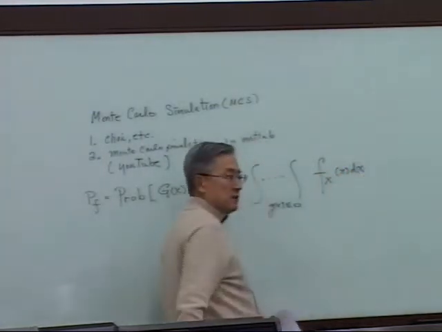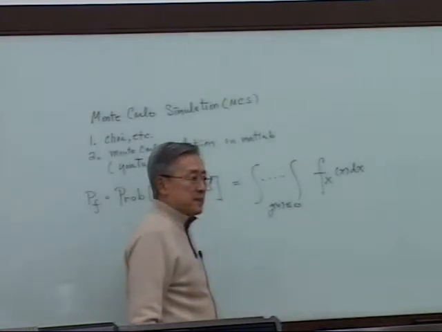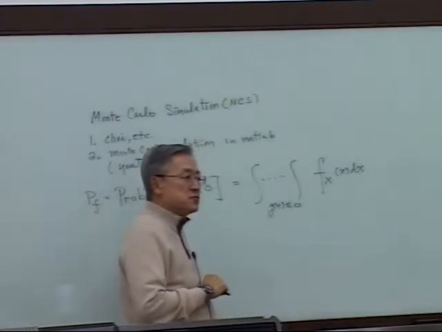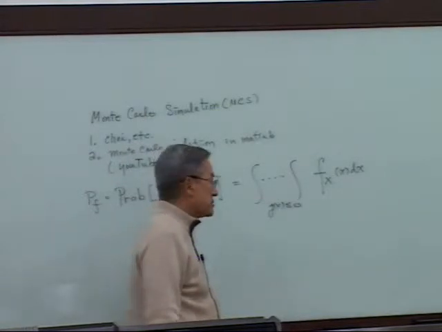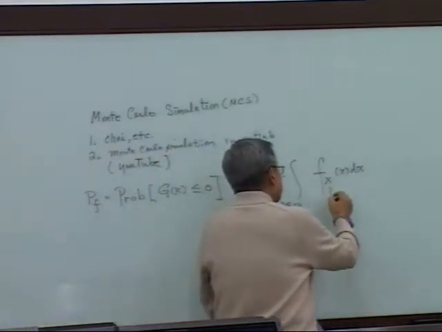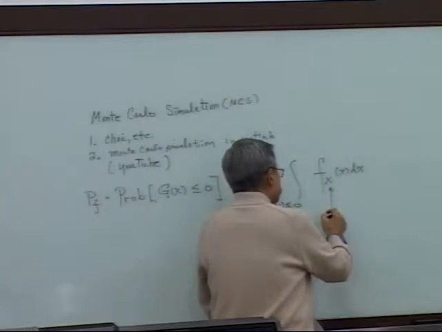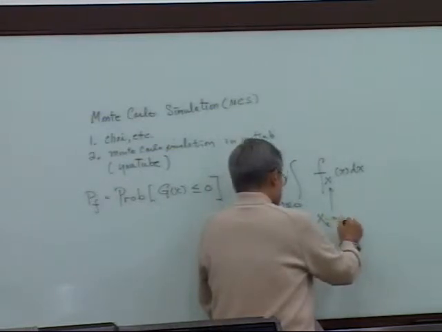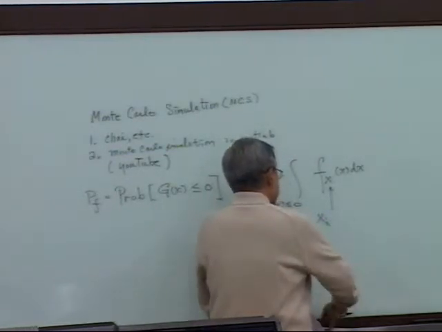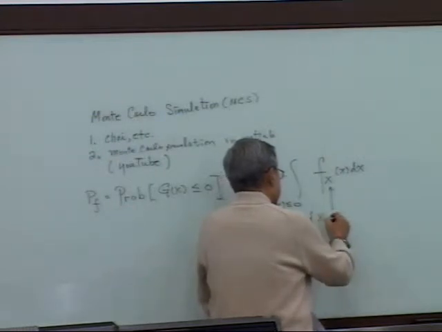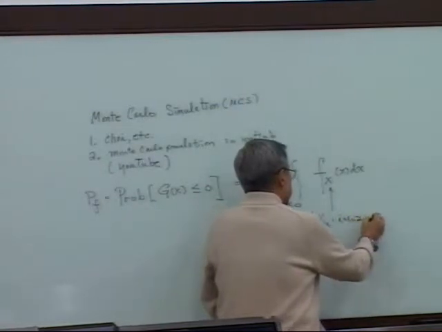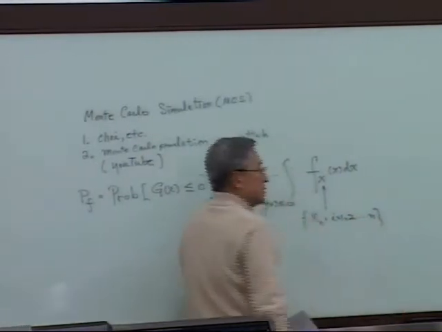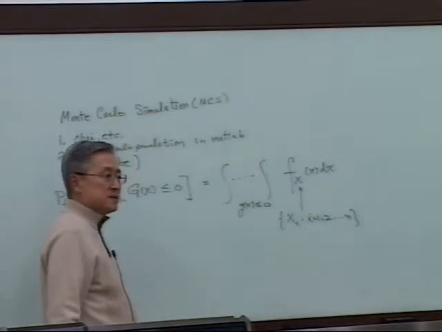That's what we know. And this f(x) is a joint probability density function, and we know this g(x) is a function of x_i, i equal to 1 all the way through n, whatever that is.